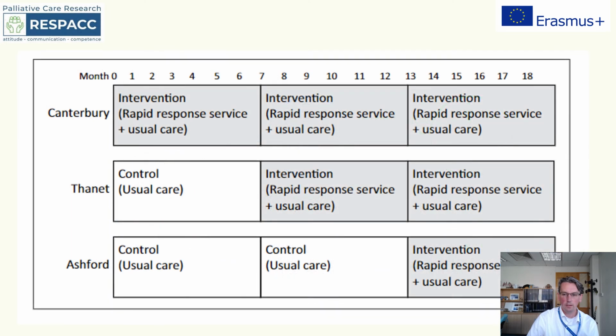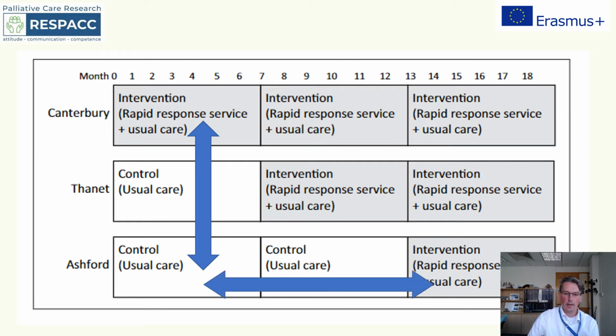But one of the things they did within this study was use what's called a step wedge design. This is a way to establish control groups without compromising patients' care. Within this design, you can look between different groups, so you can control the Canterbury group against the Thanet group and the Ashford group, but you can also look within groups.